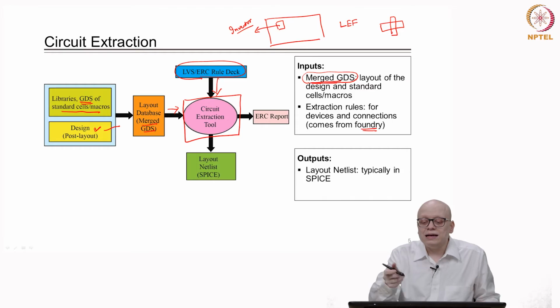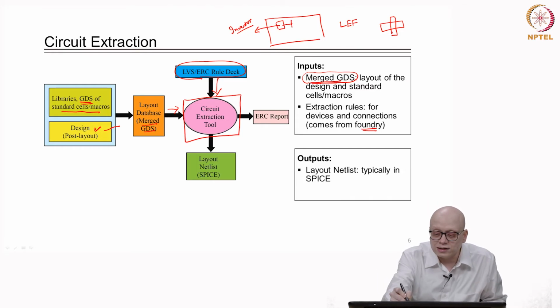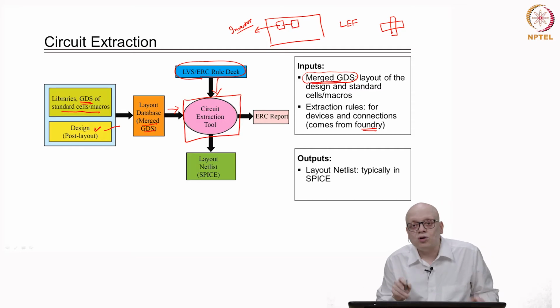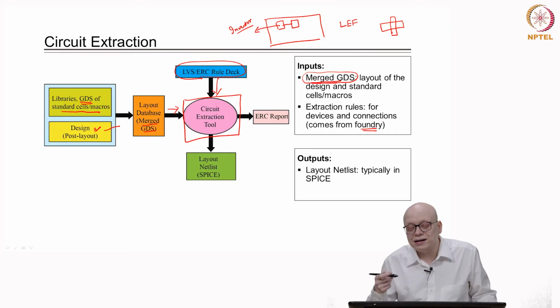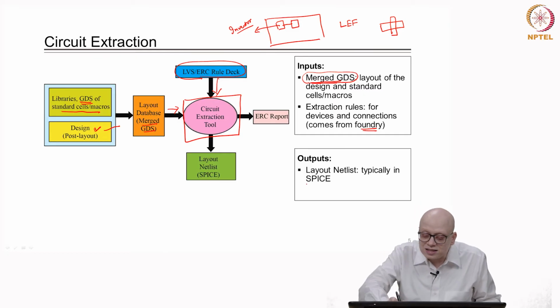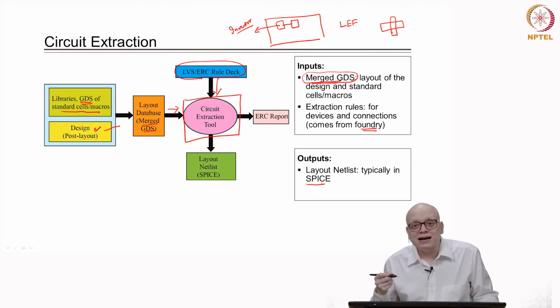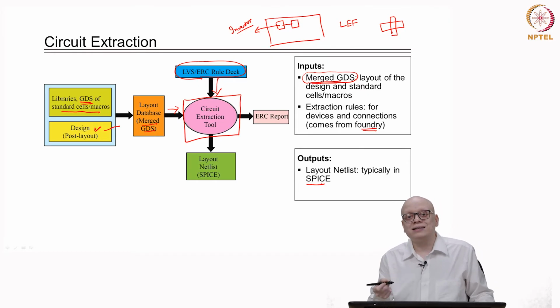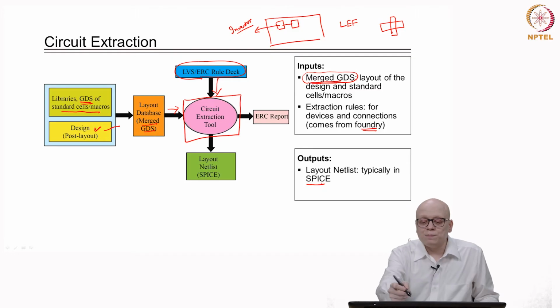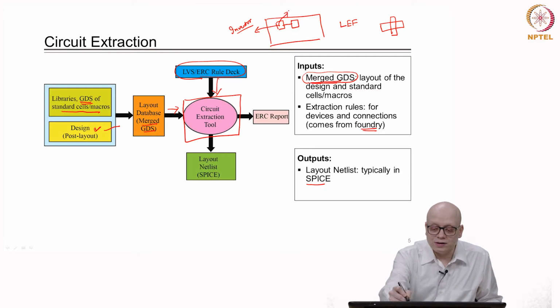For example, if this is an inverter and it is connected to another inverter like this on the layout, then the tool will extract that information and generate a netlist, which is typically in SPICE form, right. In the SPICE form, we can describe how many transistors there are, how they are connected and so on, right. For example, this is one inverter I1, this is another inverter I2, right.